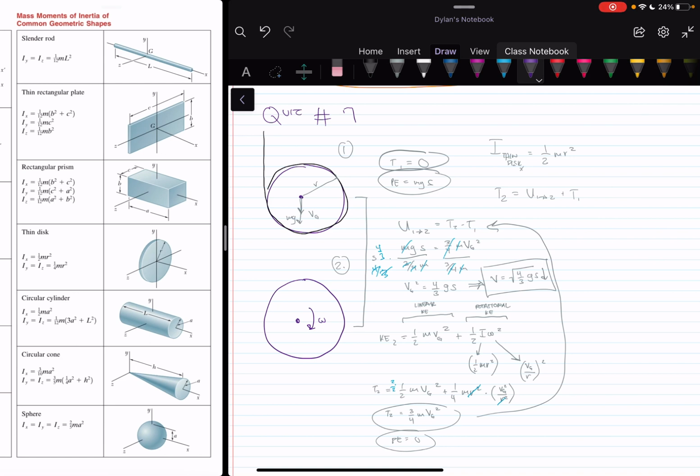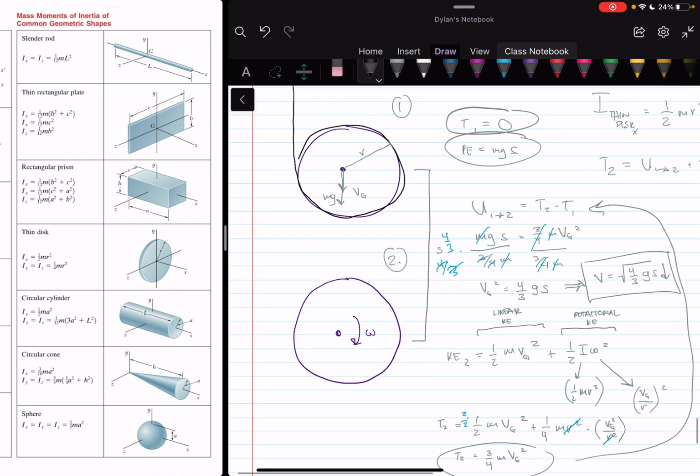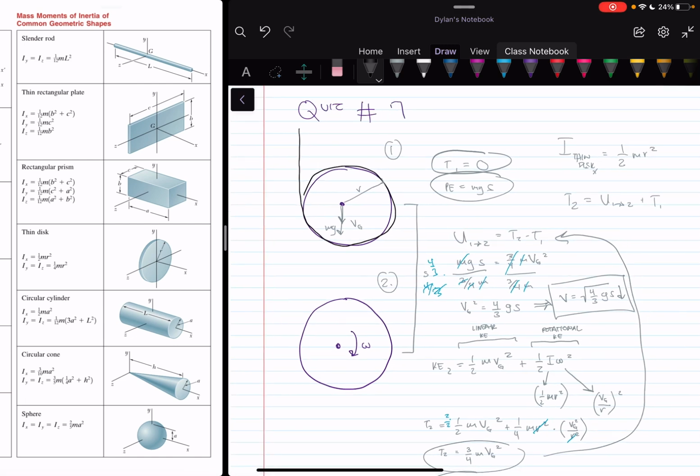The wire is wrapped around a disc with a radius and a mass, and we know that it's released at rest. So to set it up, I basically just drew my free body diagram.